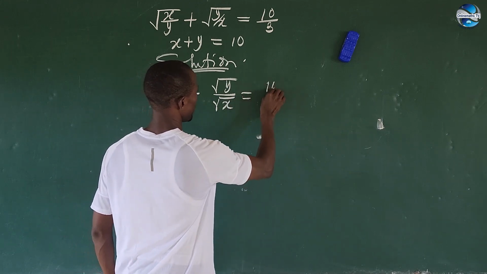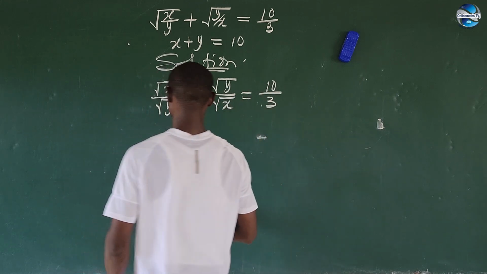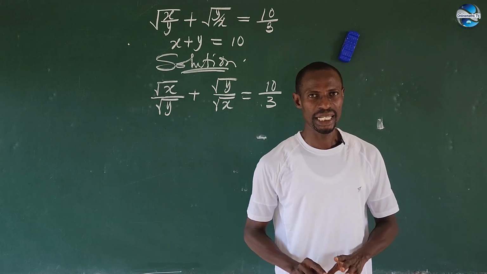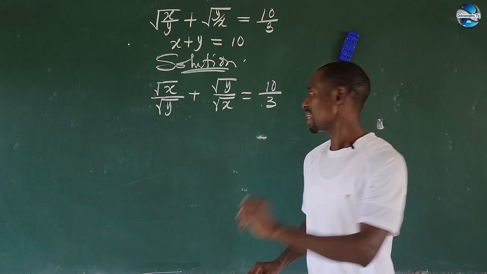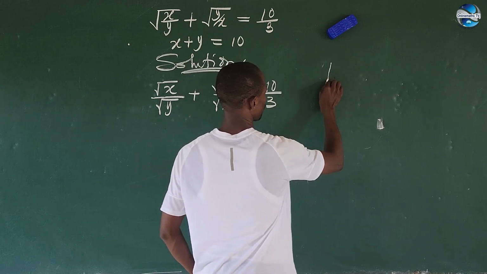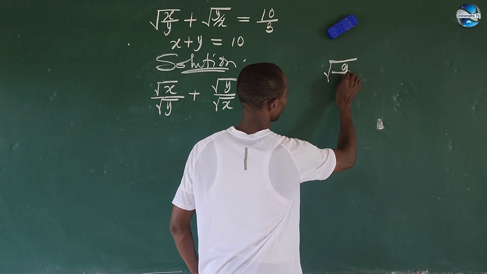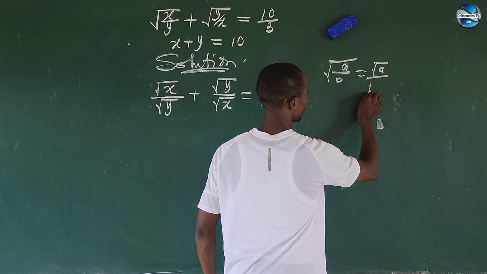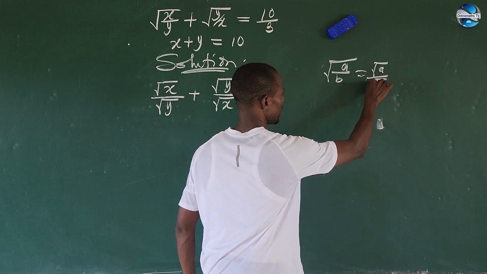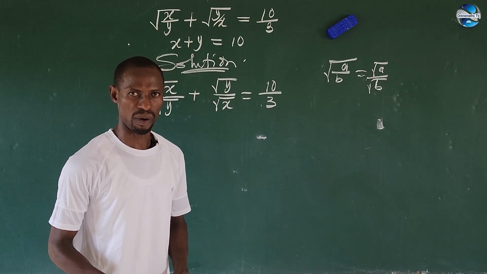This is equal to 10 all over 3. According to the properties of surds, that is what I just applied here, right? It says that if you have the square root of a all over b, then this could be expressed as the square root of a all over the square root of b. That is one of the properties of surds.